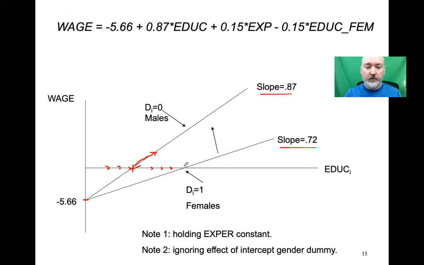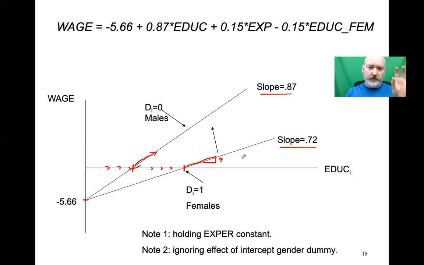For females, the predicted minimum level of education to start earning a positive wage is going to be higher. And for each year of education that you attain, you get a smaller rise in your predicted wage. So sorry about that. But that's what the interpretation is going to be.